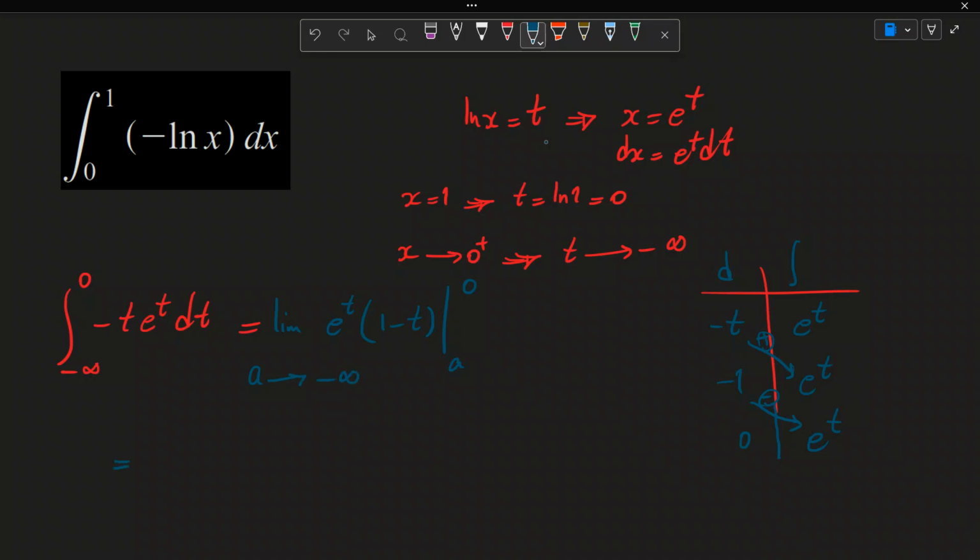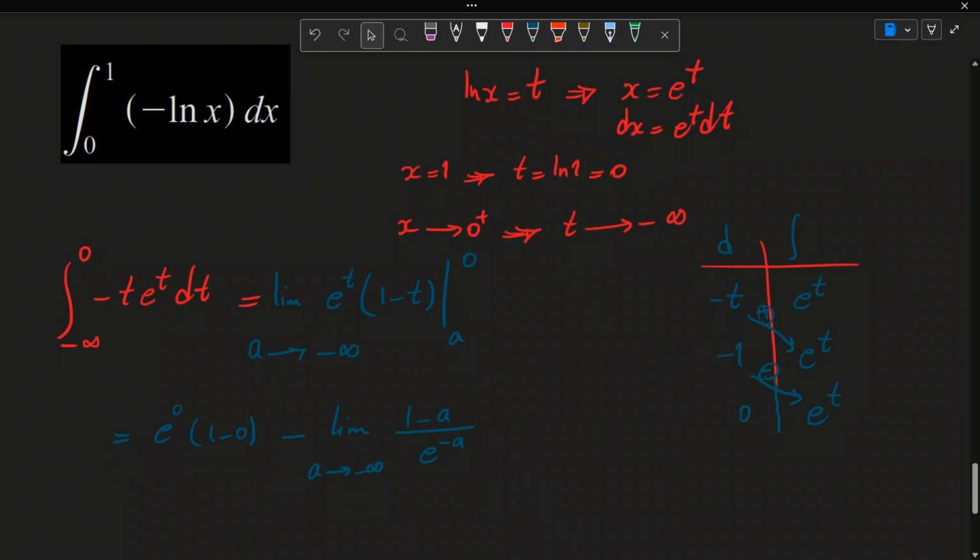And this is the limit. If I substitute the upper limit, it is e to the 0 times 1 minus 0, minus the limit of e to the t times 1 minus t. I write 1 minus t divided by e to the minus t. When I substitute a, 1 minus a, with e to the minus a in the denominator, when a approaches minus infinity.